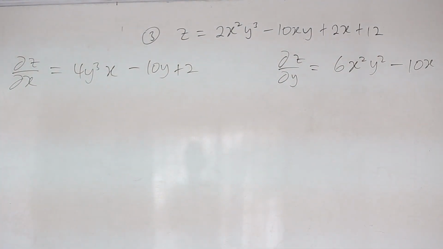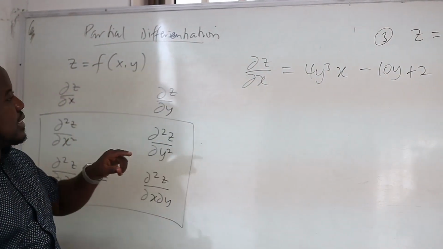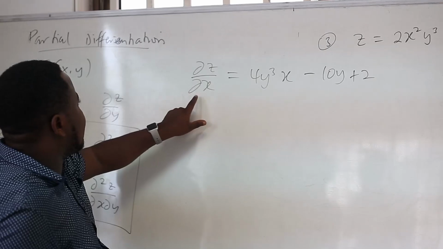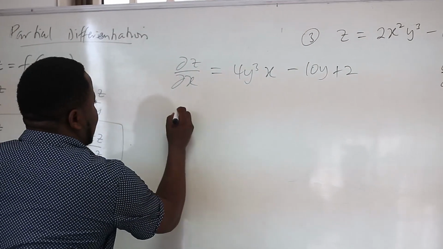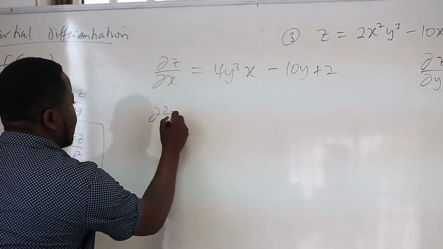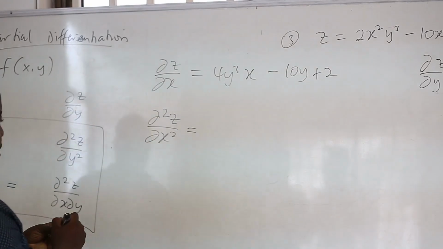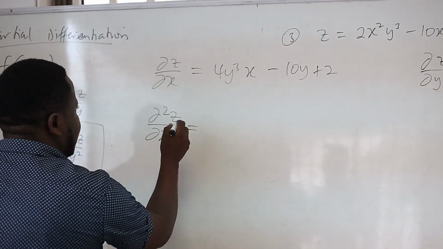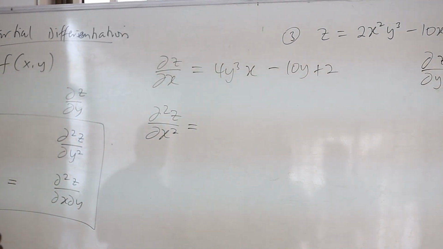So find d²z/ds². d²z/ds² is differentiating dz/ds with respect to s. So we are differentiating this function with respect to s.